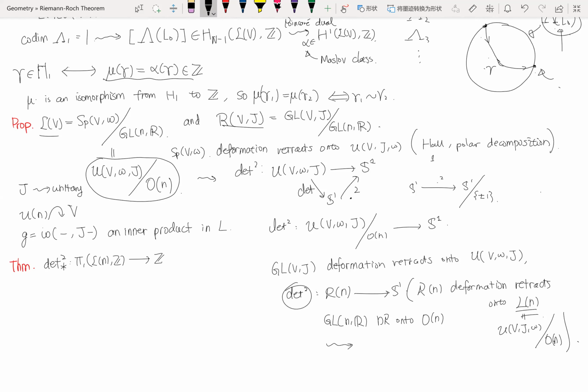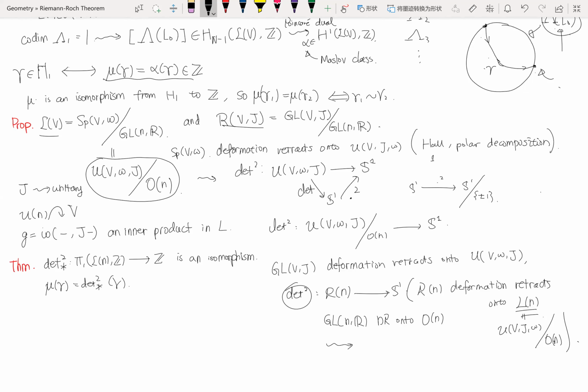And in fact, they are the same. Once we know that it is a homogeneous space, pi 1 is isomorphic to Z, so we just consider pi 1 as an isomorphism. So we know that mu of gamma is equal to determinant squared star of gamma.